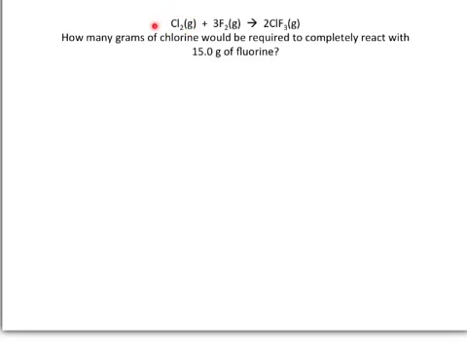Alright, so I'm going to need the molar mass of both of these reactants because they are asking about the masses of each one. So I'll need to go from mass to moles. From the previous problem, I know that 1 mole of chlorine is equivalent to 70.90 grams of chlorine. To get the molar mass of F2, which is 2 times fluorine, so 2 times 19 would be 38.